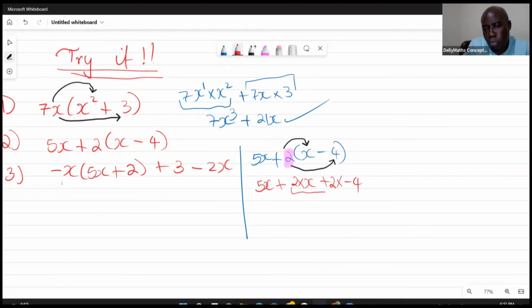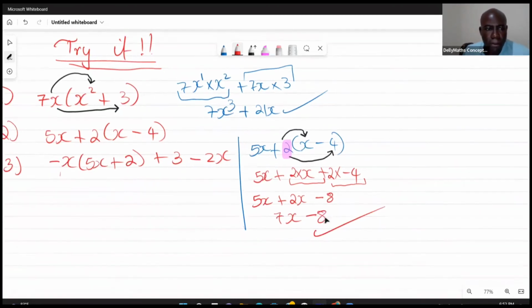These are giving me 2 pegs here, so I'm isolating them so you can have a better visual. Let me rewrite: 5x plus 2 times x is 2x, minus 8. When you add a 5x and a 2x, it is simply 7x minus 8. And that question was well done as well.